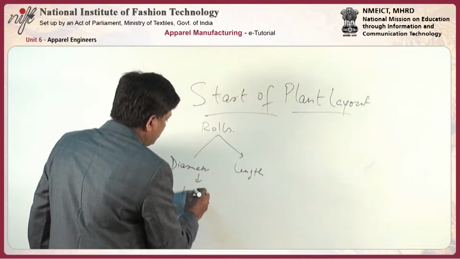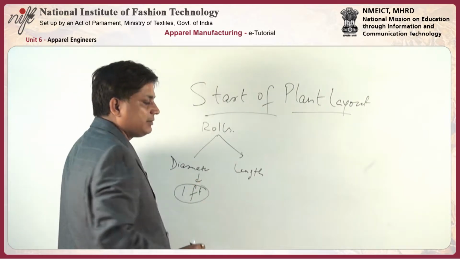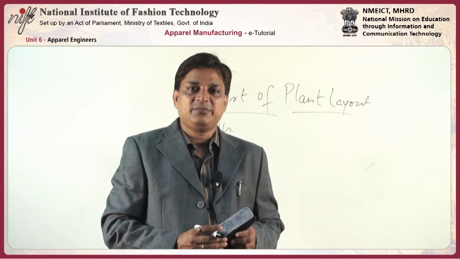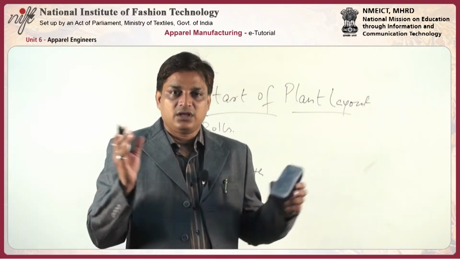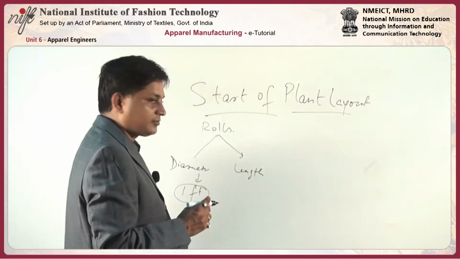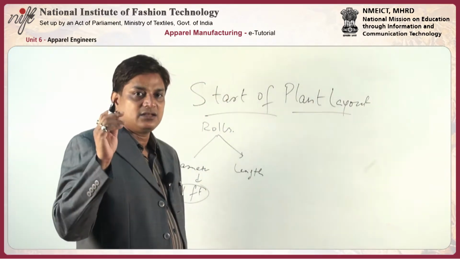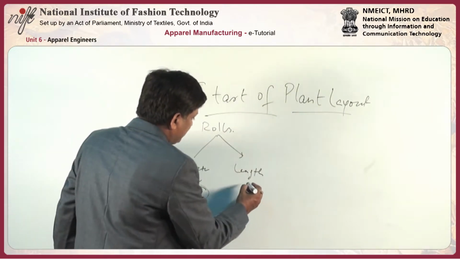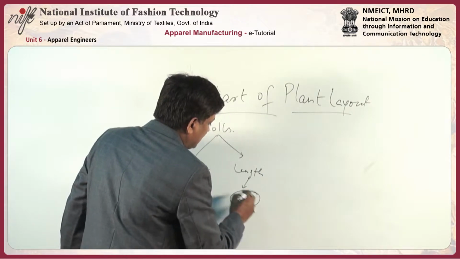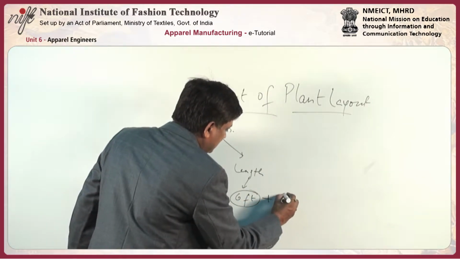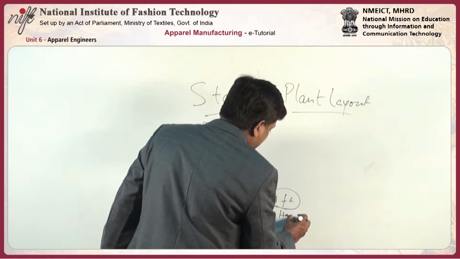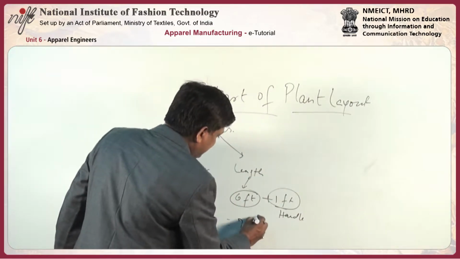For the diameter of the roll, we have assumed that the roll is coming with 1 feet of diameter. The roll length we have taken as 6 feet, plus 1 feet for handle length. So 6 feet plus 1 feet is 7 feet.